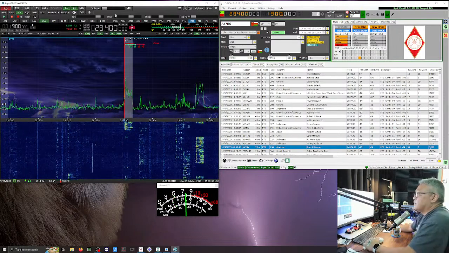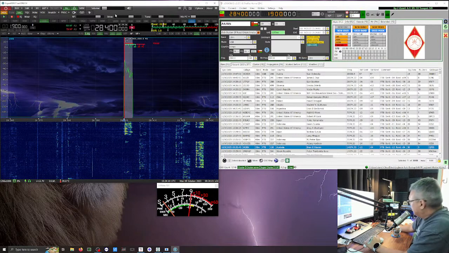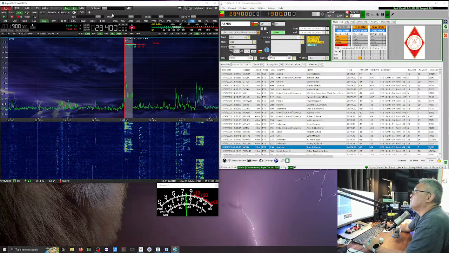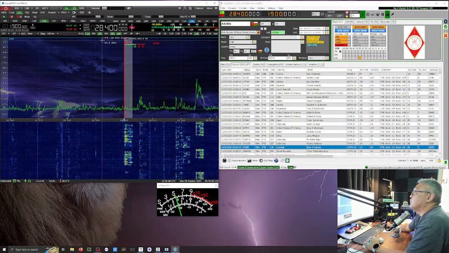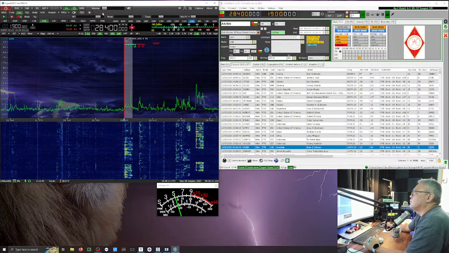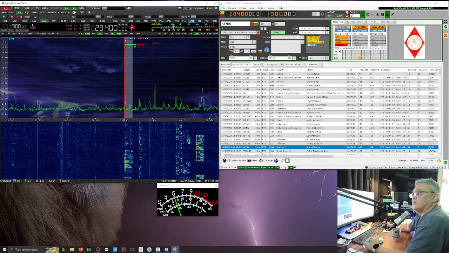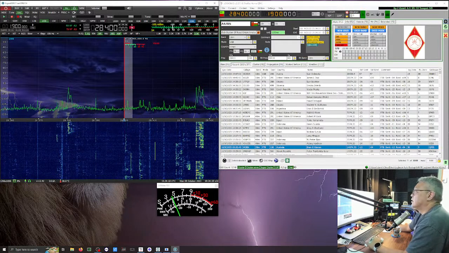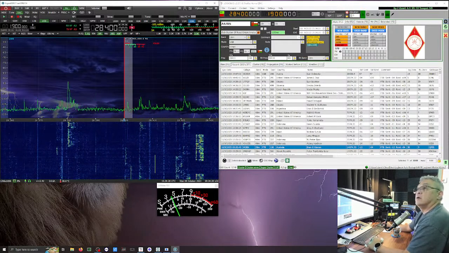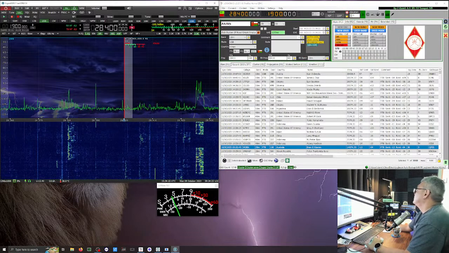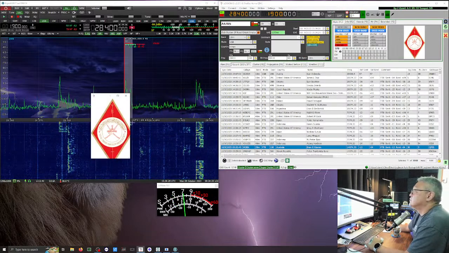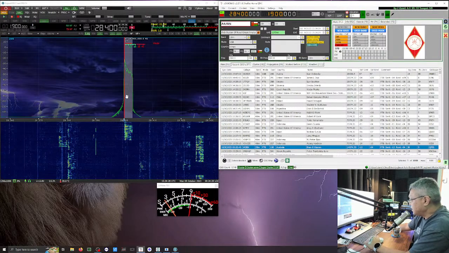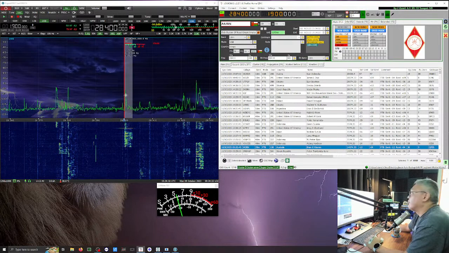Kilo Golf 4, Quebec. November 4, Victor Foxtrot Romeo. Kilo Golf 4, Quebec Zulu. Victor Alpha 3 Whiskey Papa Sierra 5758, Roger. Kilo Golf 4, Quebec Zulu. November 4, Victor Foxtrot Romeo.